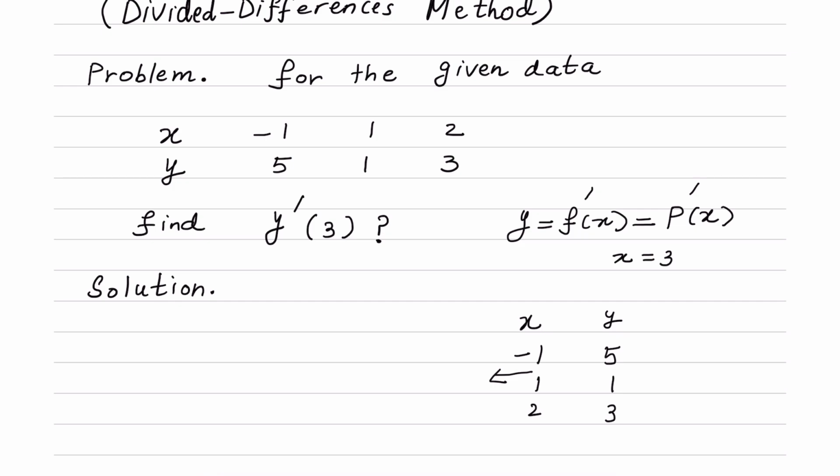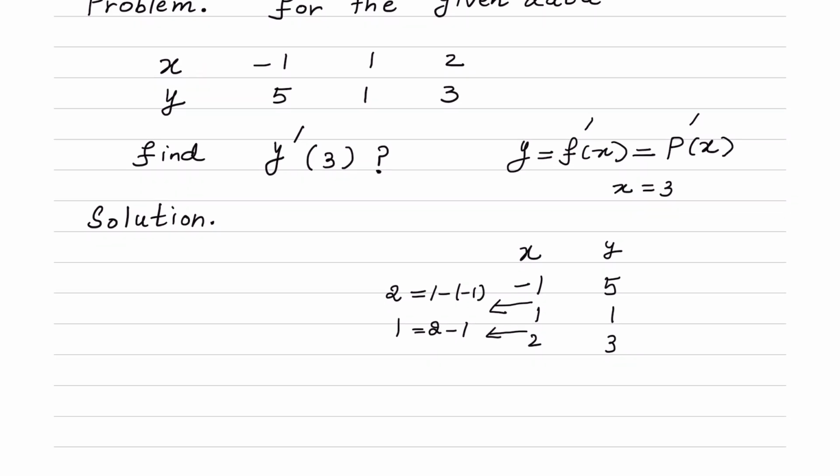Difference between -1 and 1: 1 minus -1, second value minus first value, so it is 2. The difference between 1 and 2 is calculated like 2 minus 1, and it is 1. So you can see that the difference between every two consecutive x values is not the same here. So this data is not equally spaced data. So if the data is not equally spaced, then we will have to use the divided differences method.